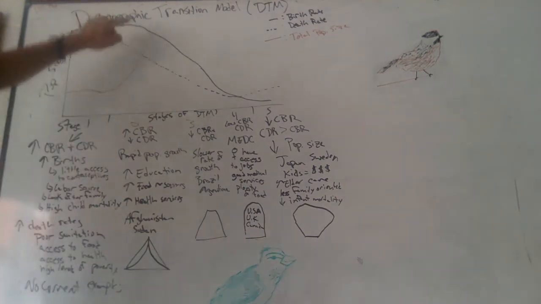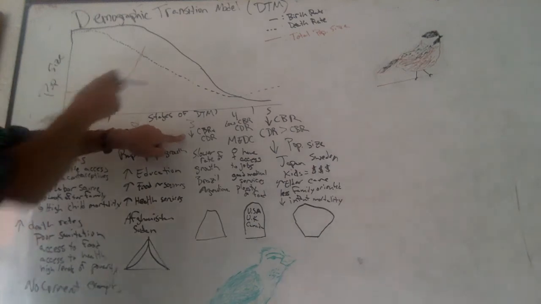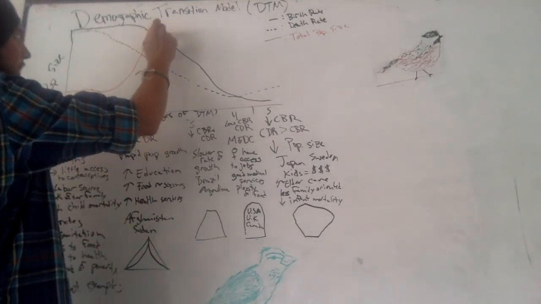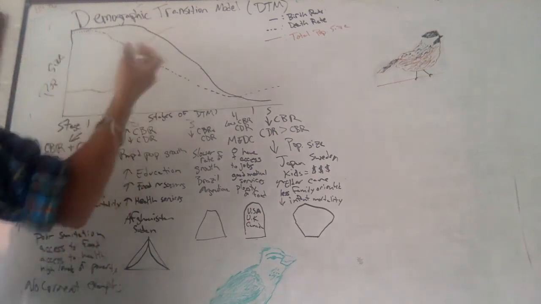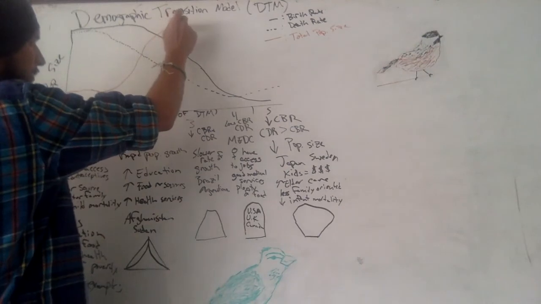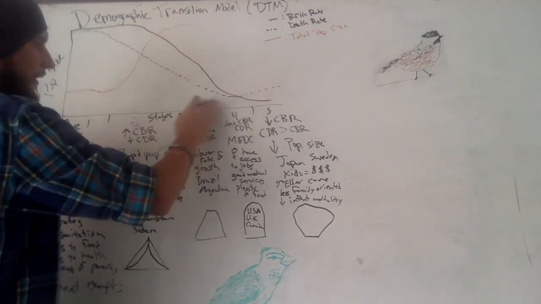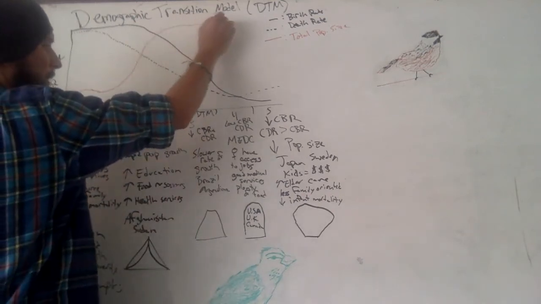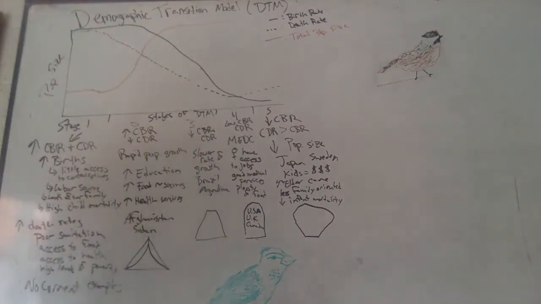And then moving on to stage 3 here, we've lowered our birth rate as well. So we're still going to increase, but at a slightly more consistent rate. And then moving on to stage 4, we've gotten to relatively low birth rates and relatively low death rates, and so that allows our population to stay rather consistent.